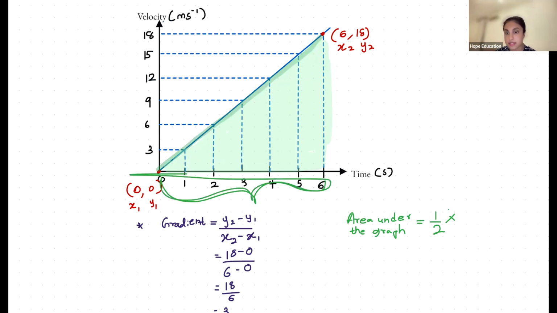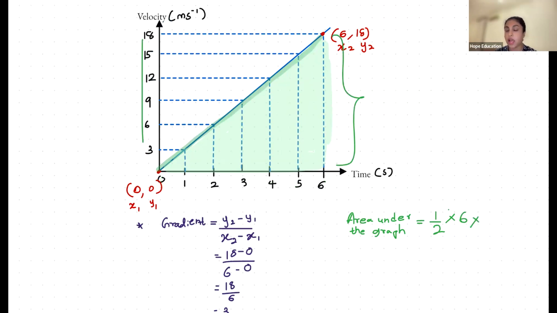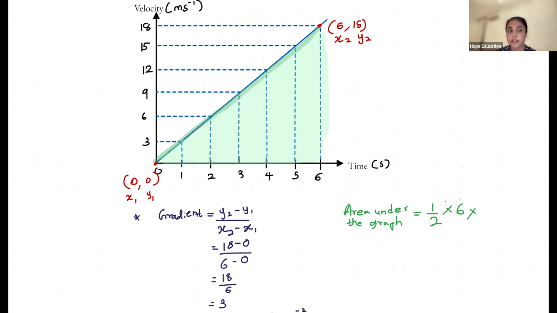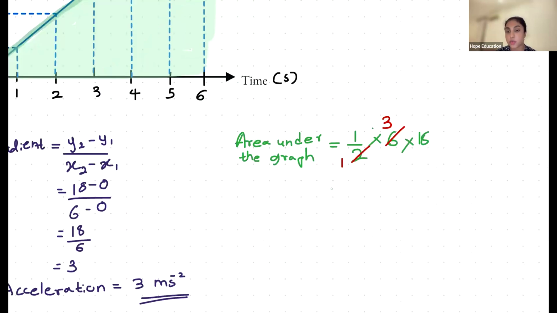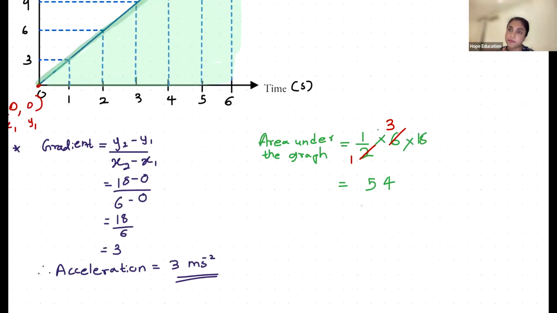So base is 6. The perpendicular height is this part, and that is 18. Then we will simplify this. 2 times 1 is 2, 2 times 3 is 6, 3 times 18, so 3 times 8 is 24, 2 remaining, 3 times 1 is 3, 4, 5, 54. Area under the graph is 54.